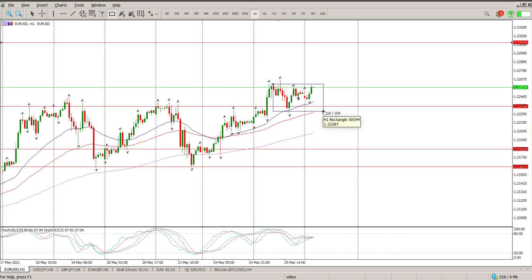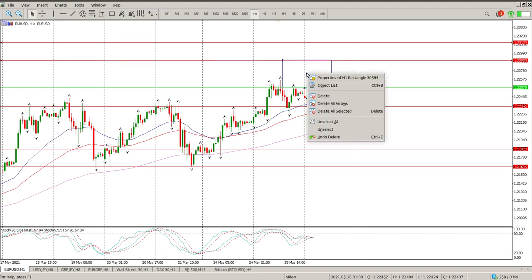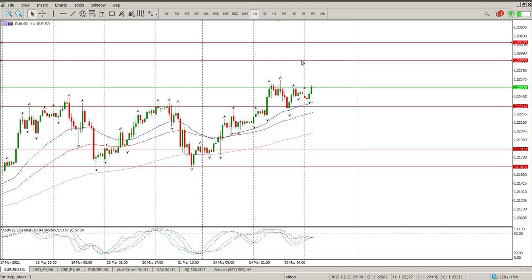Just remember what I say: take profit as often as possible, and that smaller move is going to be in that area there. I'll give it to you now, that is 1.2290, so probably 1.2300 is going to be the area to pay attention to.